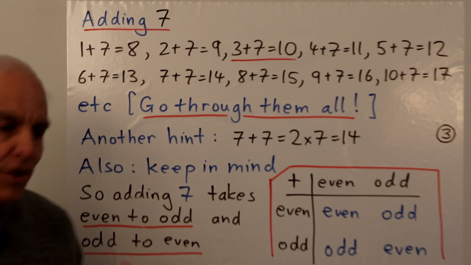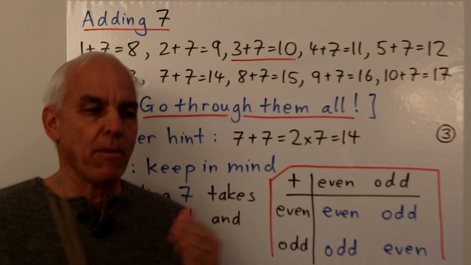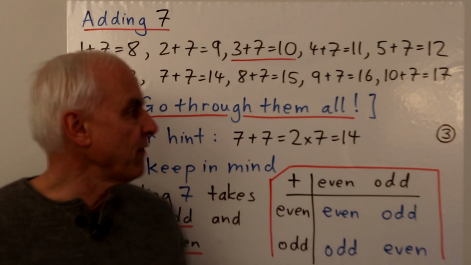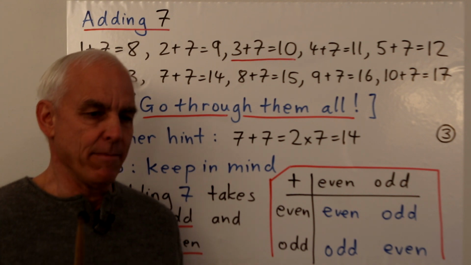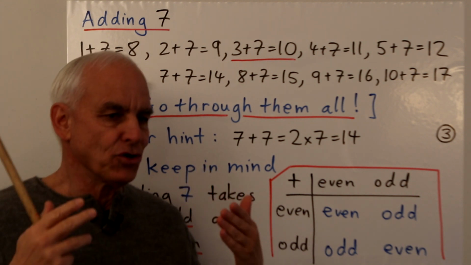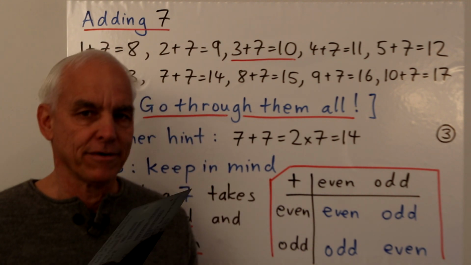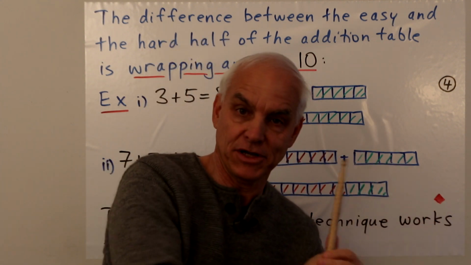So that's something that students should just be aware of at the back of their minds to help them reinforce things. And maybe as a bit of a check, like if you get that 5 plus 7 is some odd number, there's something that should jar there. Students should recognize, oh, there's something wrong here. Now I've talked about the easy half of the addition table and the harder half of the addition table.